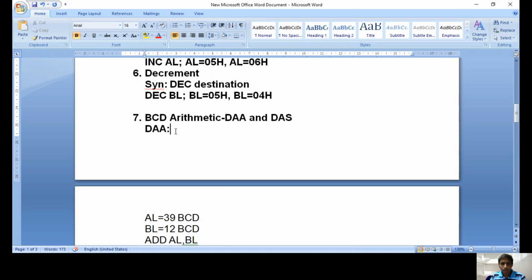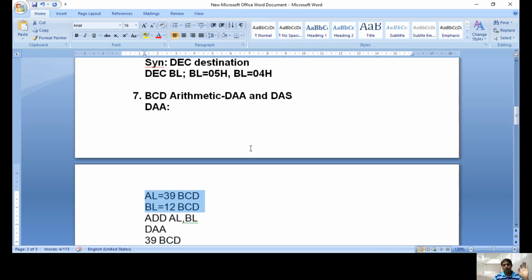First of all, what is DAA? Generally, this DAA instruction is used to perform arithmetic, especially addition of two numbers. Those two numbers must be in BCD form only, and the result must also be in BCD form. So the DAA instruction is used to add two BCD numbers and the result must be in BCD form.